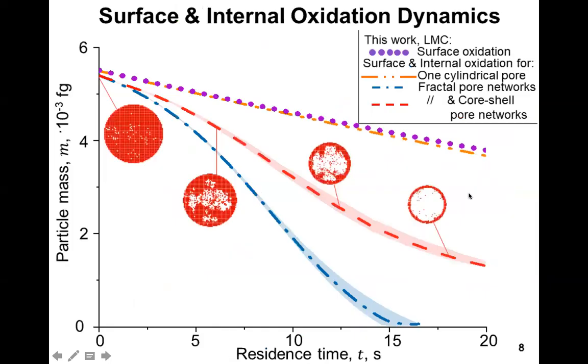So here you can see the evolution of the particle mass during internal oxidation of core shell fractal pore networks. Accounting for the core shell structure of these fractal pore networks results in slower mass reduction as the shell is not affected by internal oxidation at long residence times.